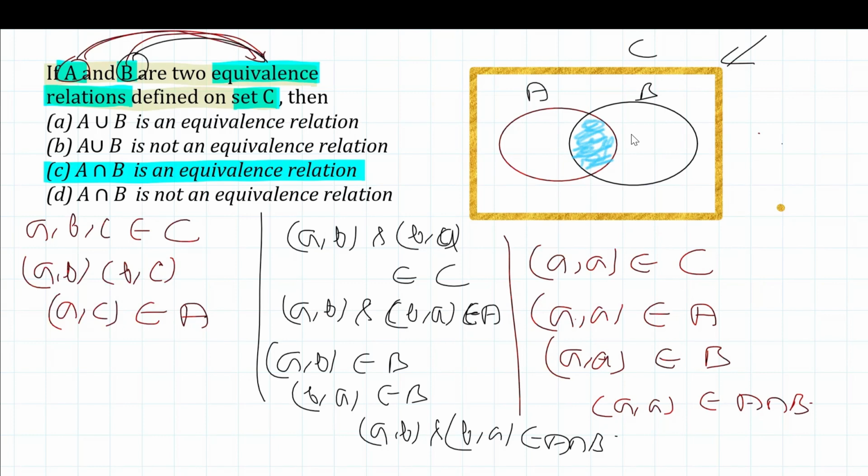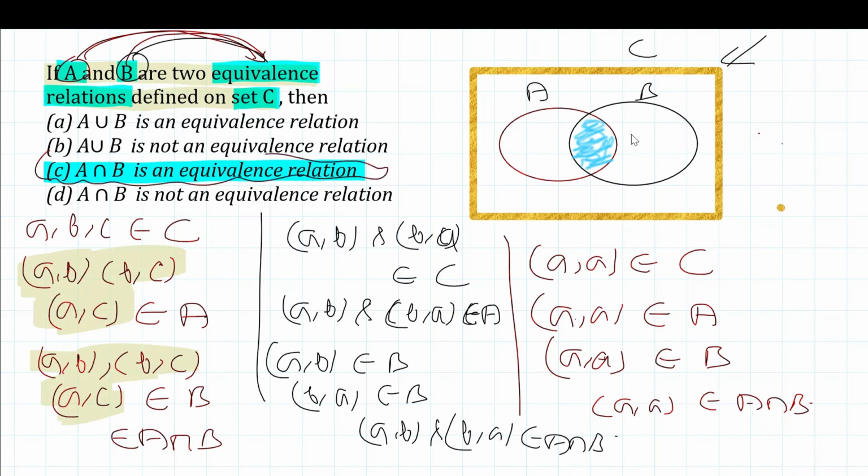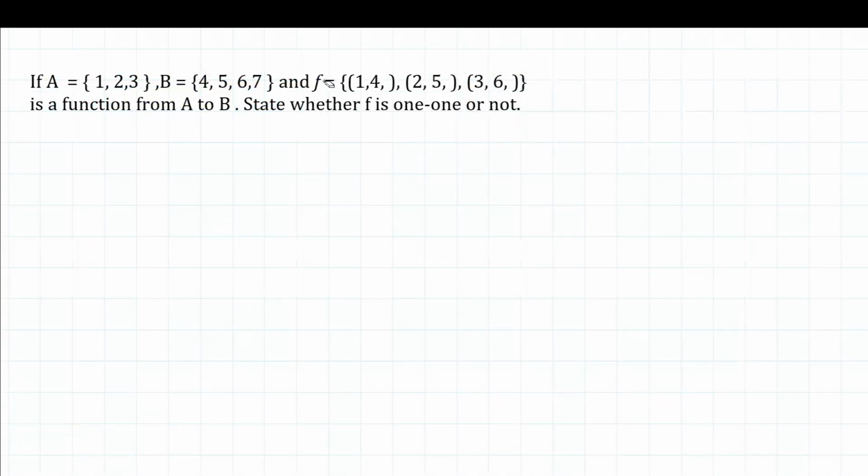Since B is also an equivalence relation, AB, BC, and AC will all belong to relation B. As you can see, if these three ordered pairs belong to both A and B, they must belong to their intersection. That's why we say that their intersection will be an equivalence relation.